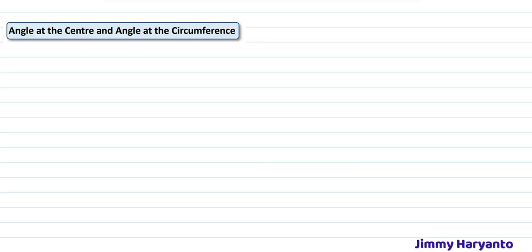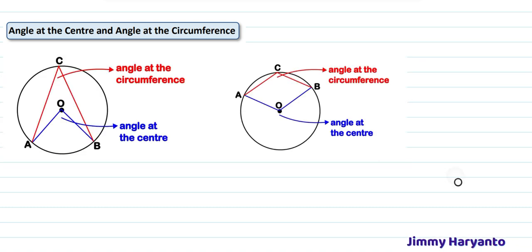Okay, next is the properties of angle in a circle. First is angle at the center and angle at the circumference. So I will explain which one is the angle at the center. The angle at the center is an angle attached to the center of the sectors.